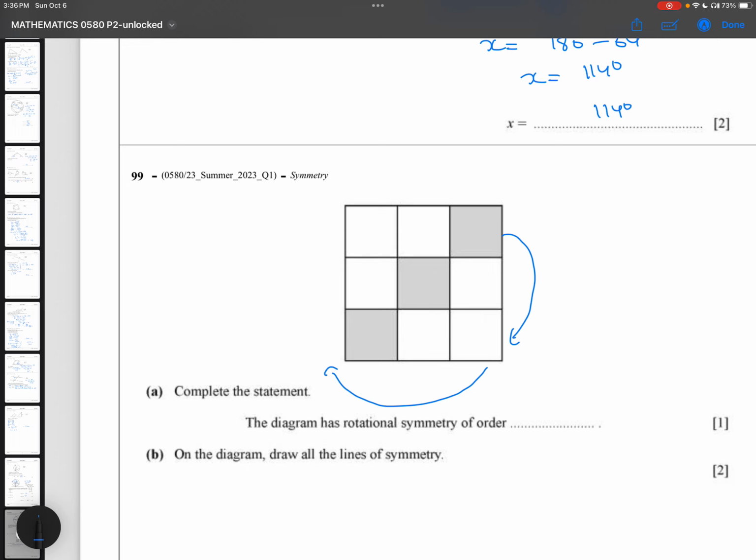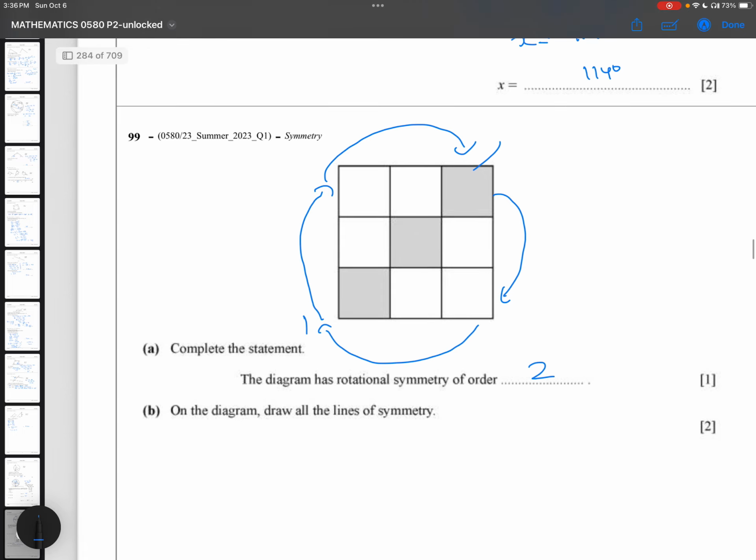Then after that, when we move it again 90 degrees to the right, this box will come here. And when we rotate it the fourth time, 90 degrees to the right, then this box will be shifted here. So two times, one over here and one over here, we got the same figure again. So this diagram has rotational symmetry of order 2.